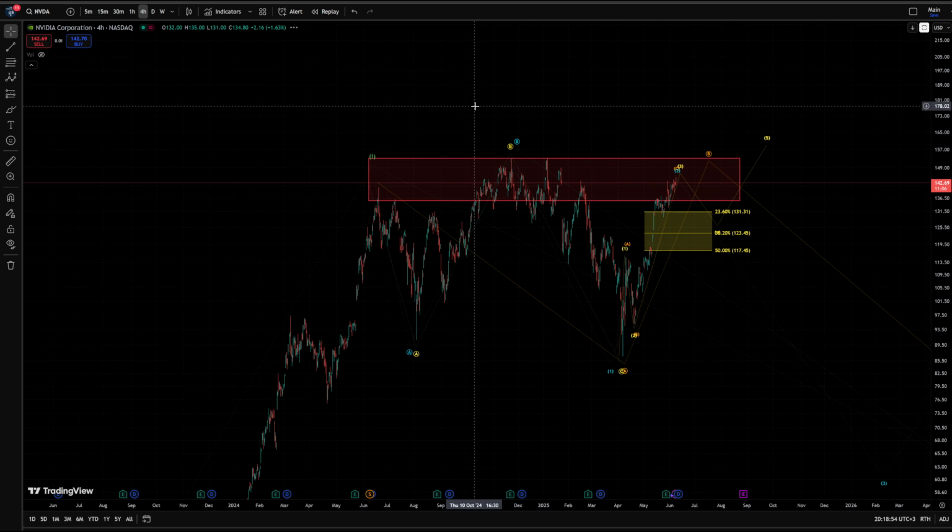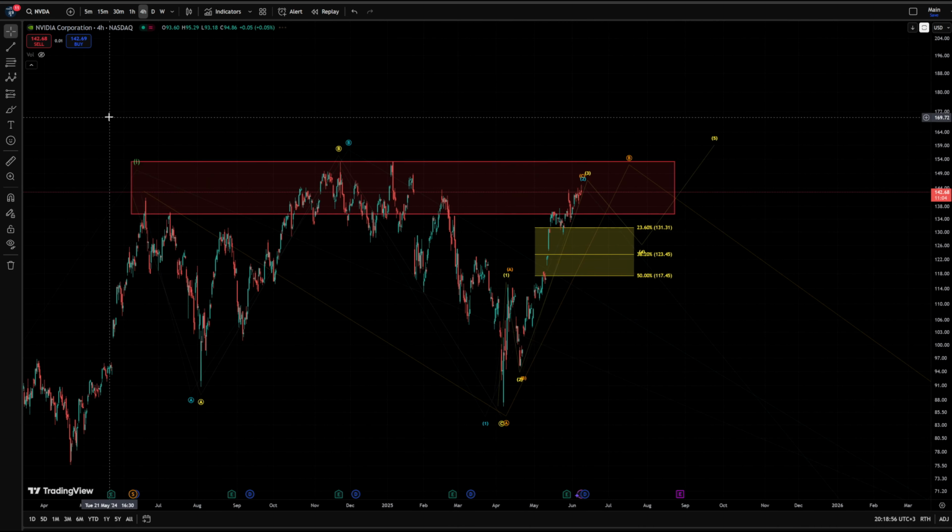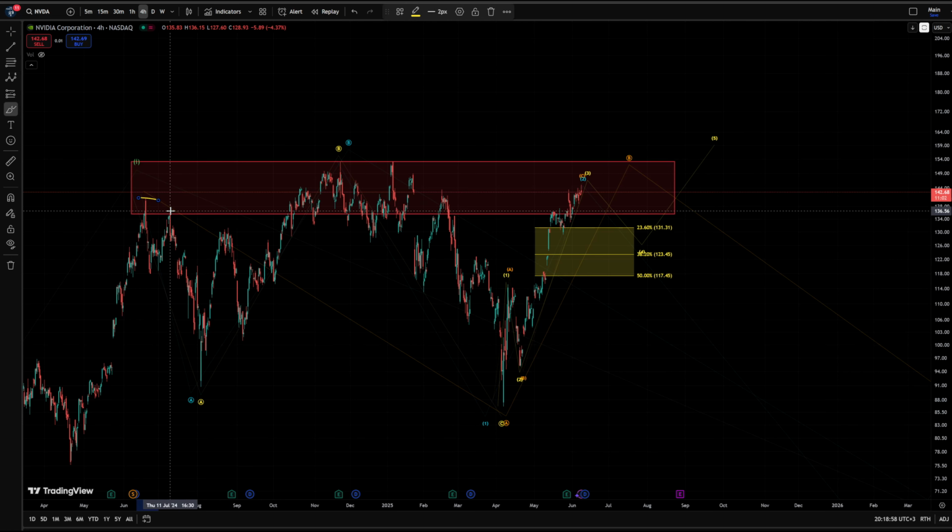we do have this red resistance zone, and it's based on price action, where we got rejected from this zone very many times here, and now we are struggling to go higher, and we keep reaching in and going lower.